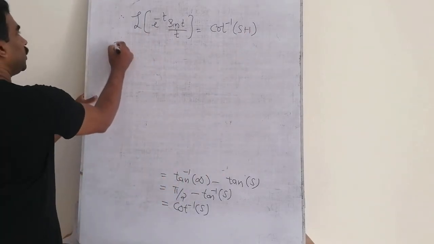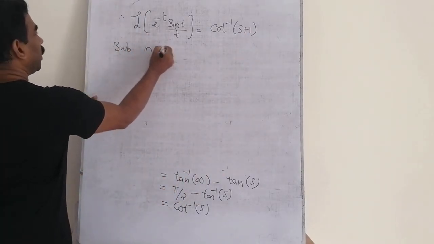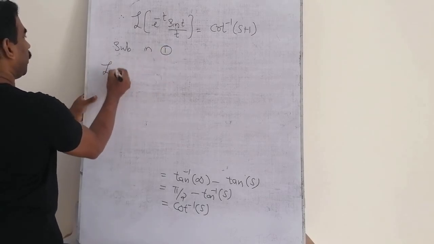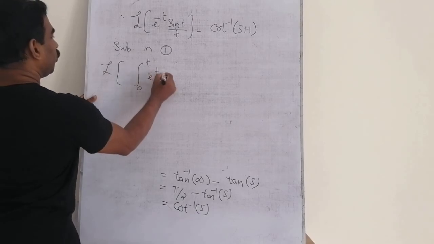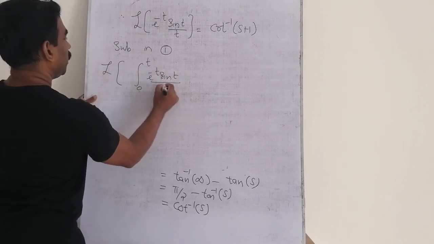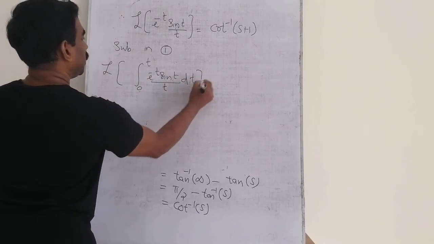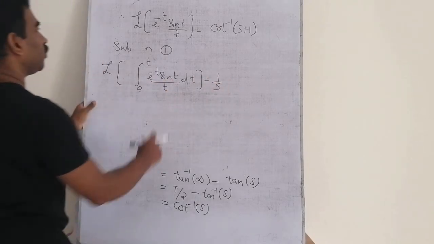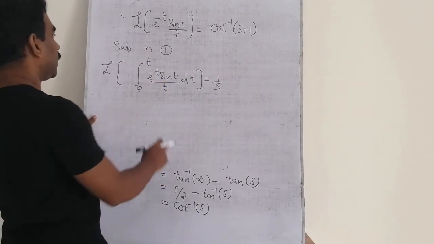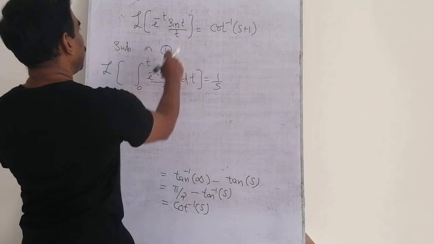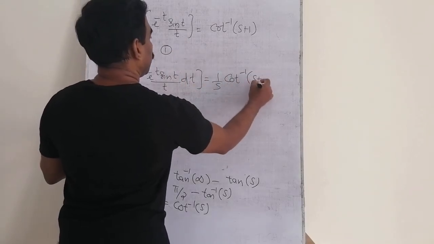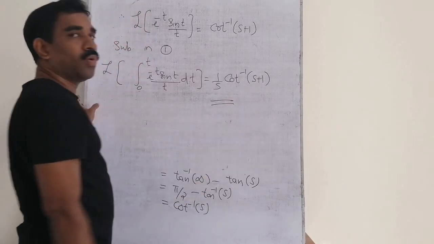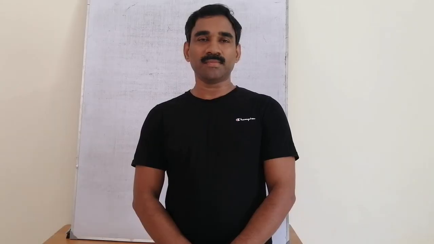Now substituting all these results in our equation number 1, the Laplace transform of the integral from 0 to t of e raised to minus t sin t divided by t dt is equal to 1 by s into the transform of this function. The transform of e raised to minus t sin t divided by t is cot inverse (s plus 1). So this is 1 by s into cot inverse (s plus 1).